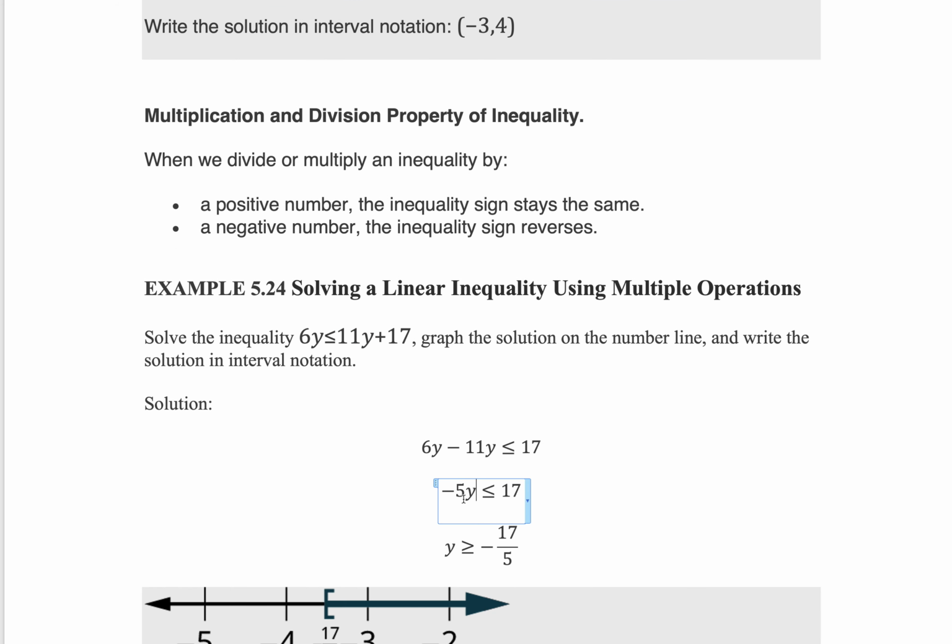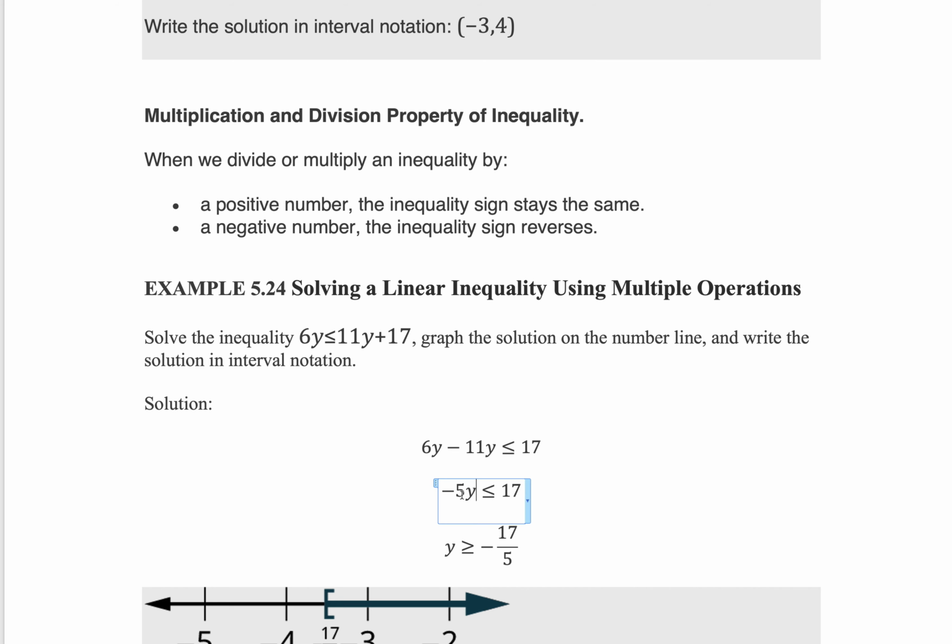So now we have reached an inequality in one of those basic fashions, but y is not solved yet. To single out y, what I did next was simply multiply both sides by -1/5. So on the left hand side I have y, and on the right hand side I have -17/5.